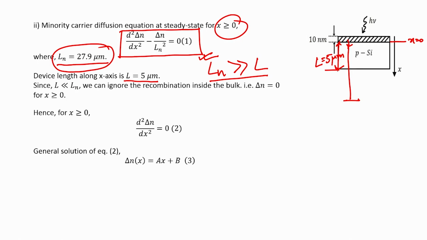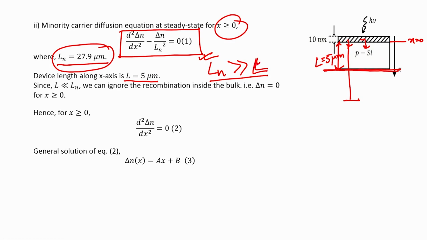But we have imposed a boundary at L equal to 5 micrometer. So, we can consider that all the electrons that are coming from the thin interface layer to the bulk will go to the opposite electrode placed at L equal to 5 micrometer without recombining with the oppositely charged hole. So, basically we can ignore any kind of recombination.